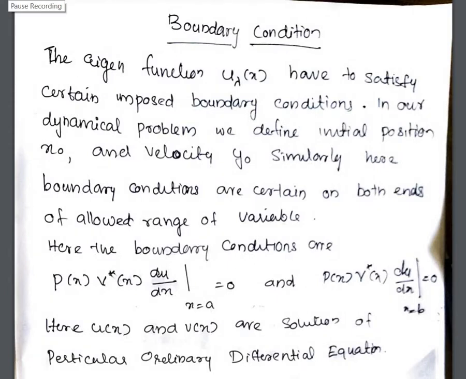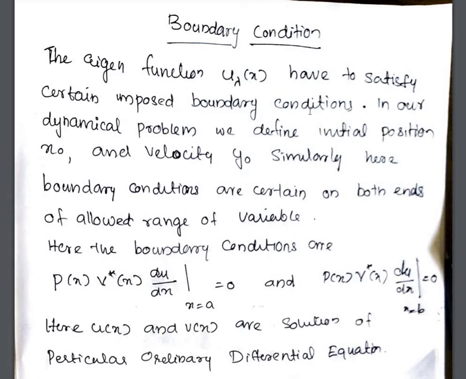So let us discuss boundary conditions. What we already studied about the eigenvalue equations in second order differential equations: the eigenfunctions u lambda of x have to satisfy certain imposed boundary conditions. So what is a boundary condition?